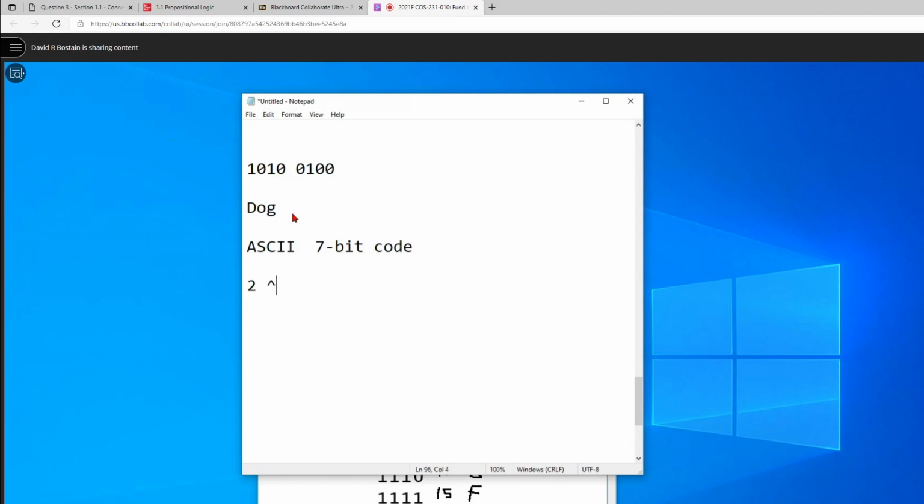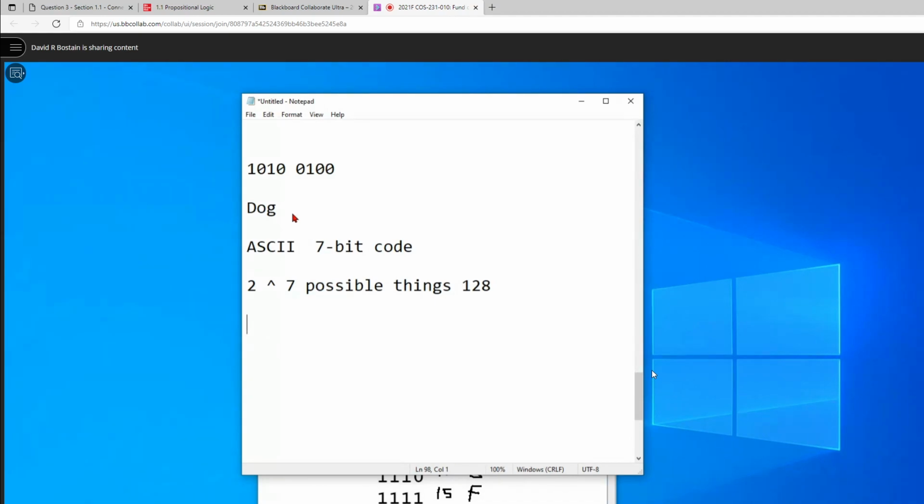So we know we have 2 raised to the 7th possible things that can be encoded in it. What is 2 to the 7th? Well, you have it memorized, that's 128. And yes, you're right. There's 128 different things that can be encoded in ASCII.